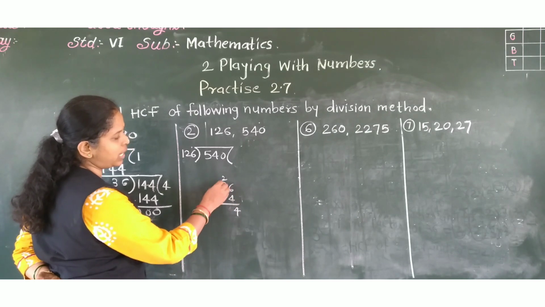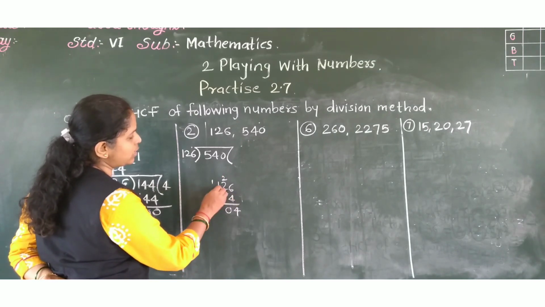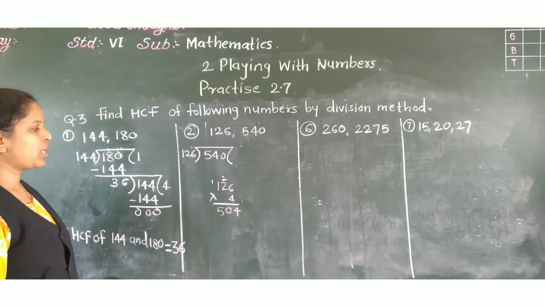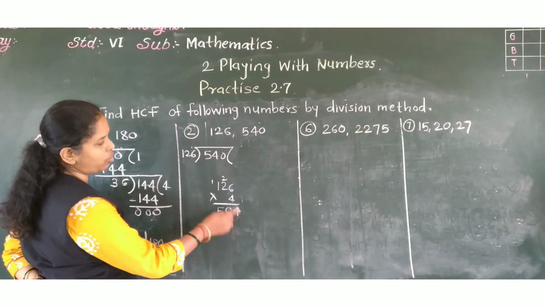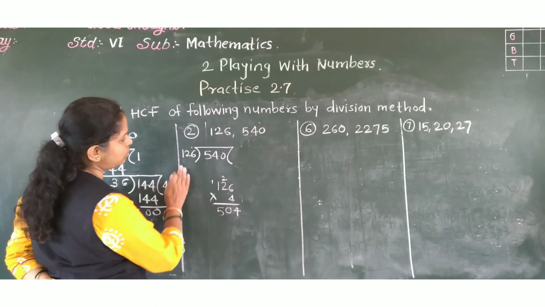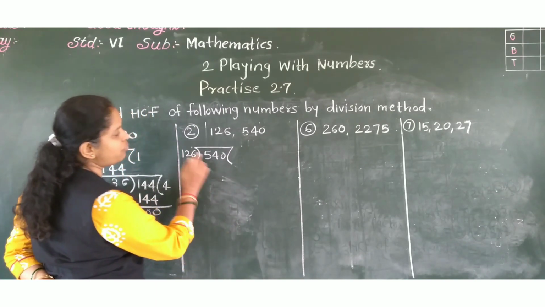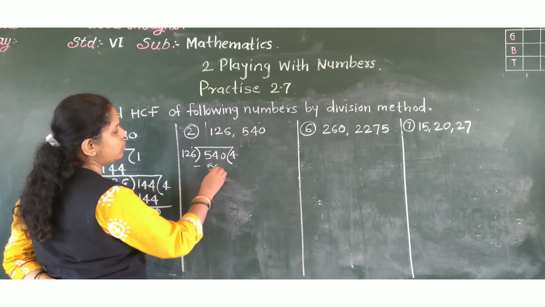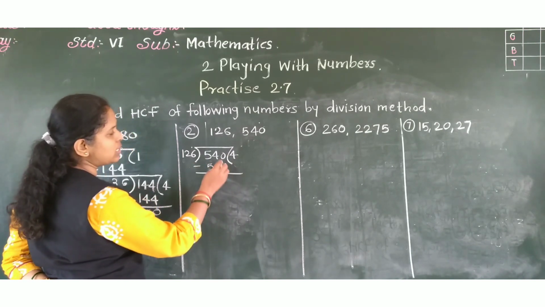Carry 2. 4 2s are 8, 9, 10. Carry 1. 4 1s are 4 plus 1, 5. 504. Correct? So, now 504 is near to 540. So, 126 4s are 504. What answer you will get?